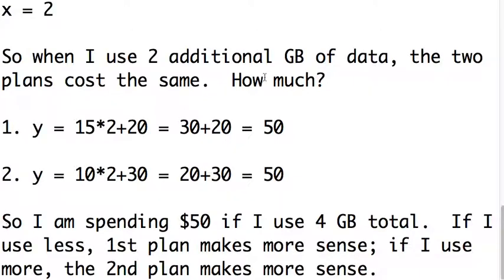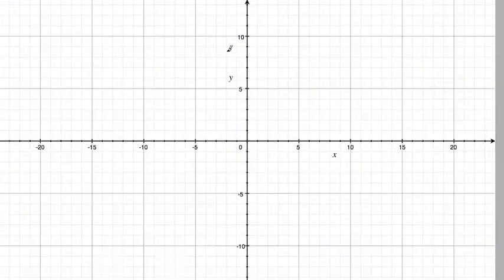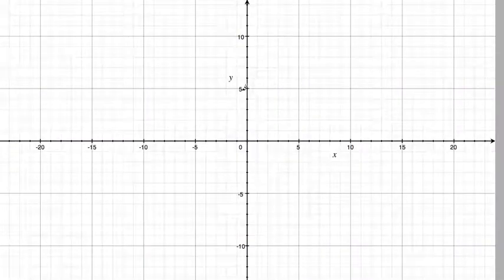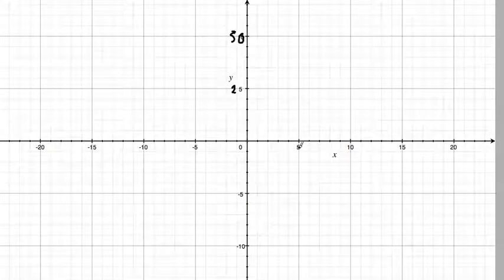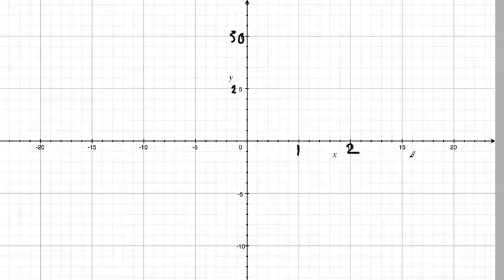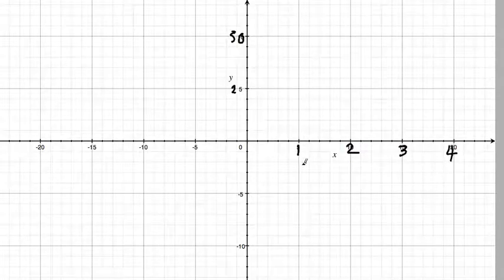Okay, let's go and graph these lines. And in order to do so, I'm going to have to sort of relabel things. So let's say that this is 25 and that this is 50 on the y-axis, and let's say that this is 1, 2, 3, 4, something like that.